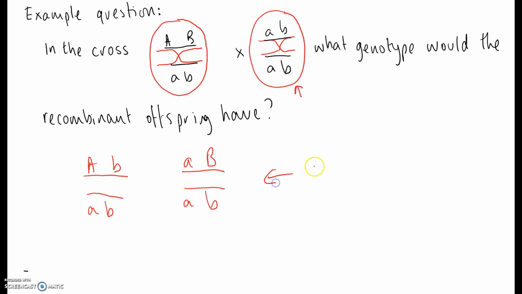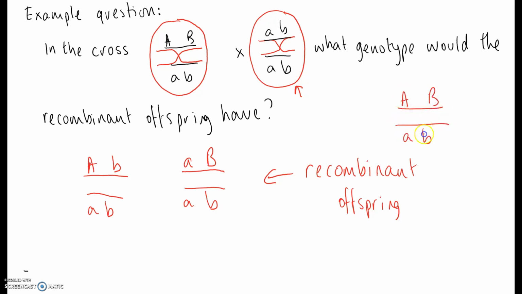So those guys are the recombinant offspring, and you would have fewer of those than the parental offspring, which would all be big A, big B, little a, little b, or little a, little b, little a, little b. I hope that helps you to solve some of your genetics problems.